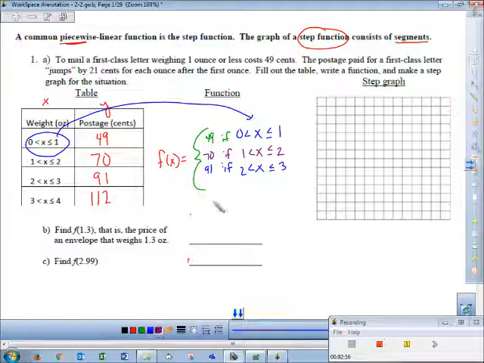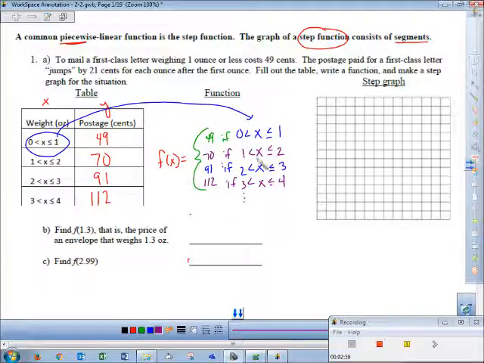And then finally, the function would equal 112. Basically, y equals 112 if our weight is greater than 3 ounces and less than or equal to 4. And this pattern will continue. It's not like this is the end of it, but we're just going to stop here. We're just going to write our table in this form.